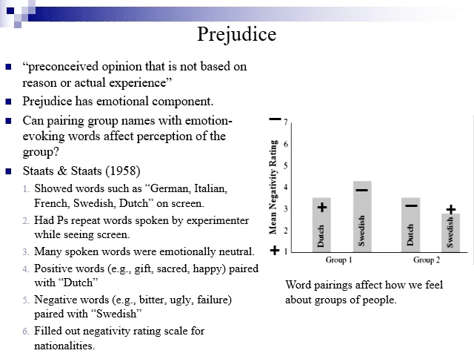So for group 2, those who had Dutch paired with negative words rated them as more negative, and Swedish, paired with positive words, were rated less negative. So what this tells us is that just through simple word pairings, we can affect how we feel about groups of people.